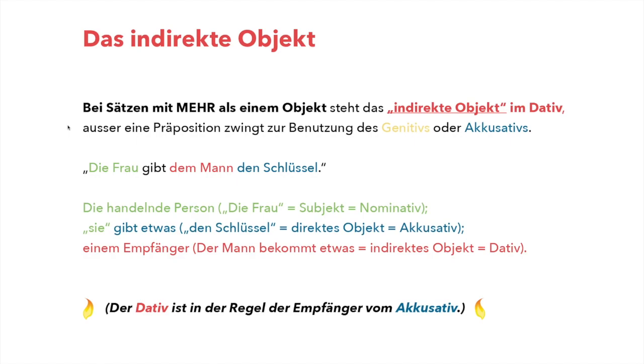So in yesterday's video, we were talking also about the indirect object. Let's recap quickly what happened. We talk about the indirect object when we have more than one object in the sentence. The indirect object will stay in the dative case, except if some prepositions force me to use the genitive or the accusative case.